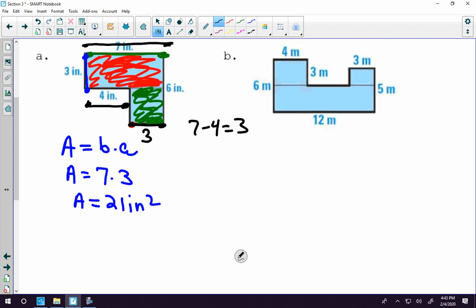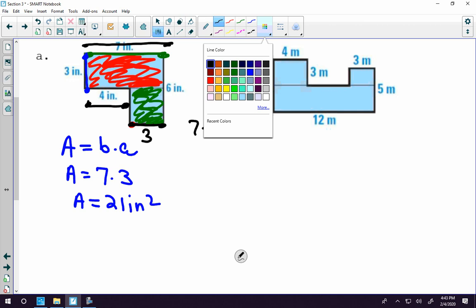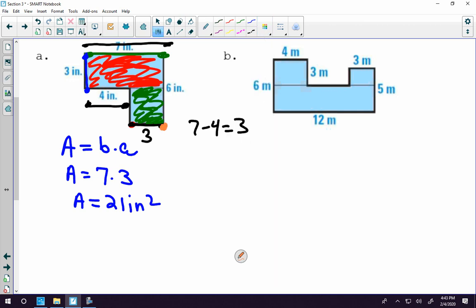Now, moving on, we need to somehow find the length of this vertical segment in orange. Okay, so we're either adding other vertical segments or subtracting other vertical segments to get that vertical segment. Okay, so we know that this vertical segment is 6 inches, and we know that this vertical segment is 3 inches.